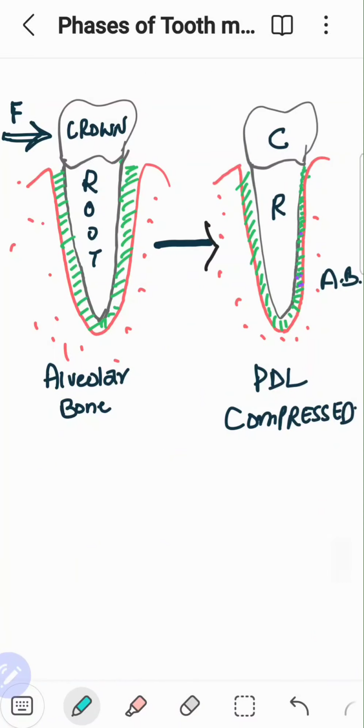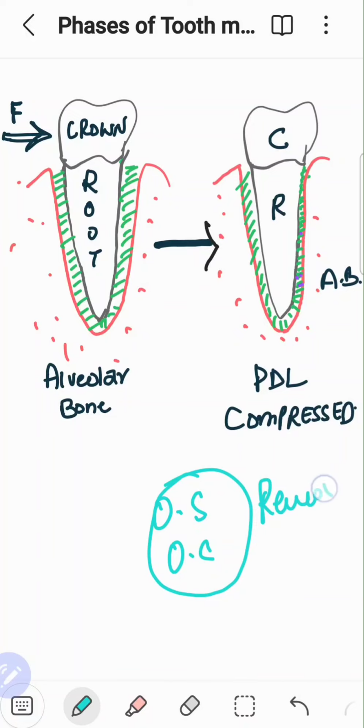And if we look at the physiological process, the tooth movement begins because osteoclastic activity has almost remodeled the bony socket. So the remodeling has taken place by the osteoclastic and osteoblastic cells. In that case, the tooth movement begins.